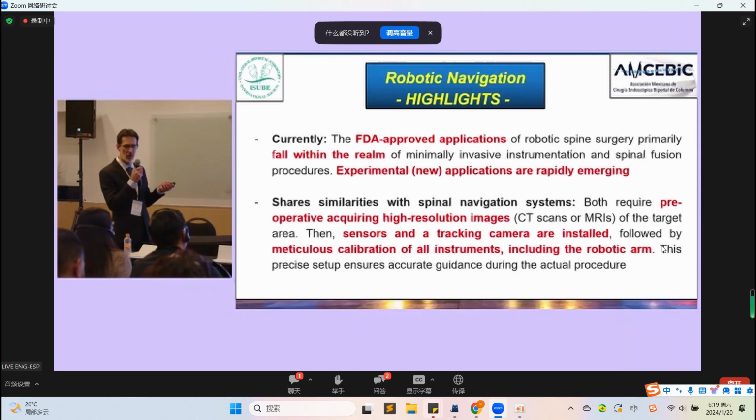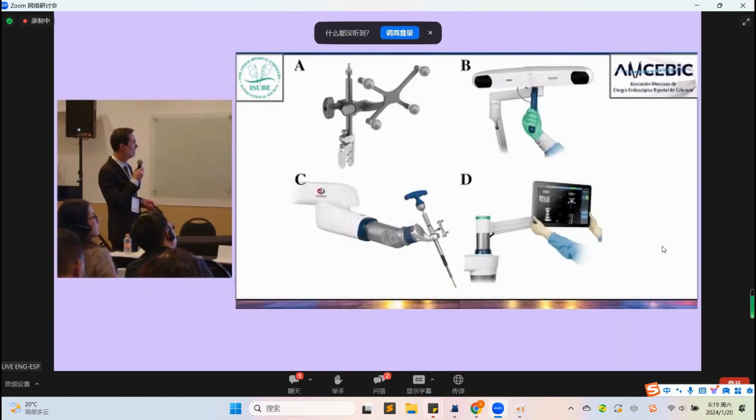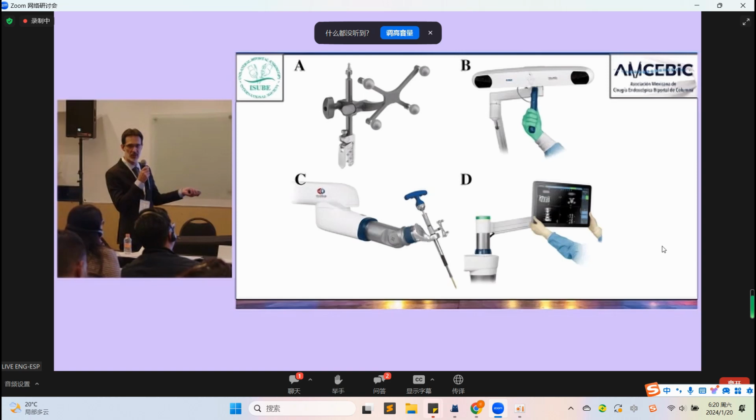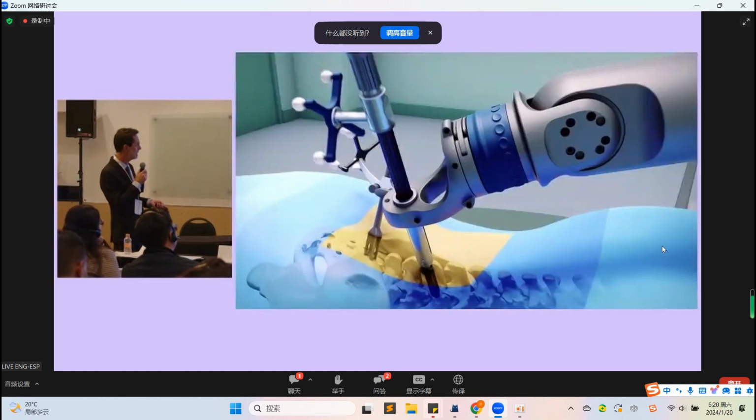We need all the steps to set up. The system is the same plus a robotic arm, because instead of using your arm, you calibrate the robotic arm to put the screw, okay?